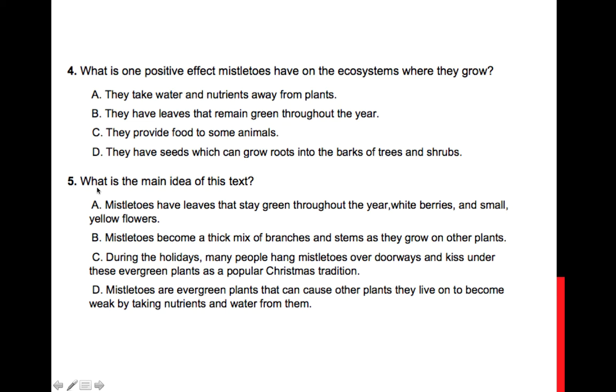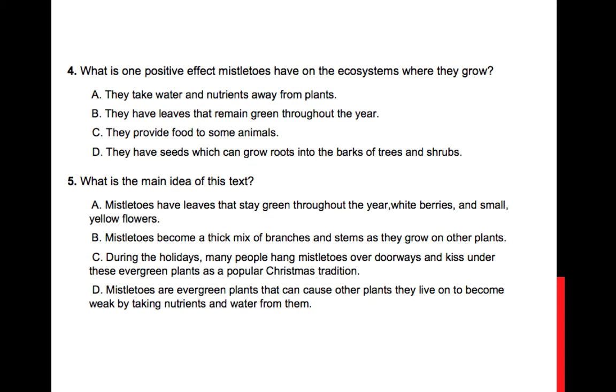Number 5. What is the main idea of this text? What's the main message that the author wants to let us know about mistletoes? A. Mistletoes have leaves that stay green throughout the year, white berries, and small yellow flowers. B. Mistletoes become a thick mix of branches and stems as they grow on other plants.